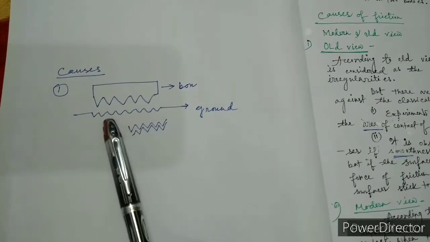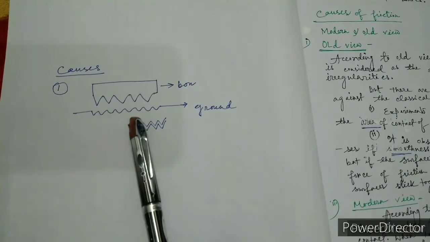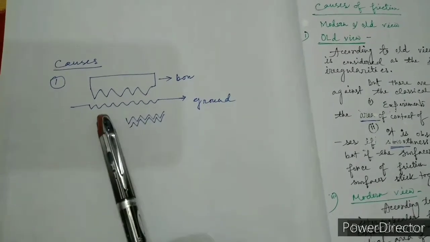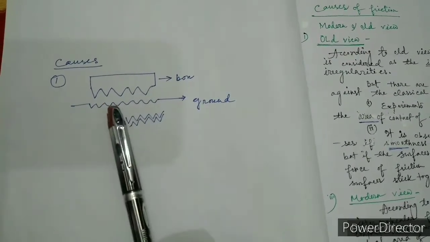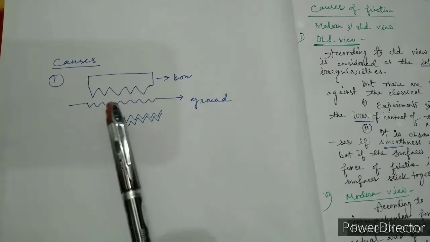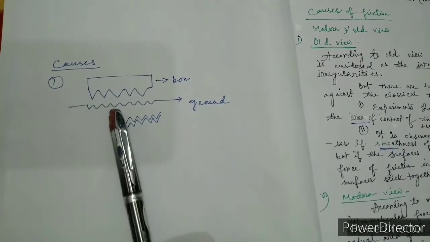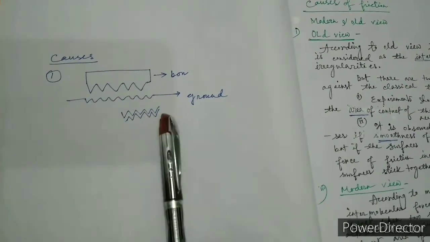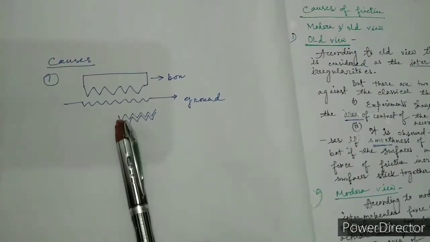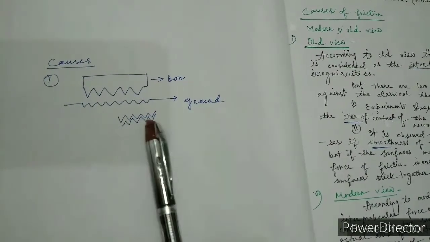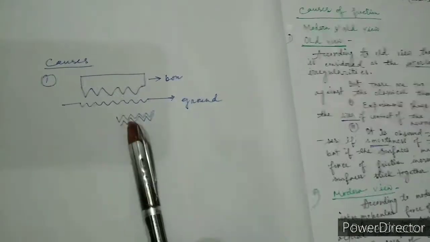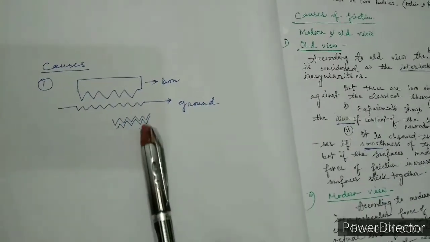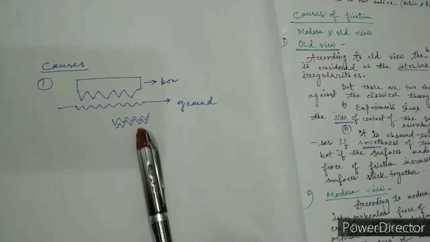There are hills and craters present in these contact surfaces. So when this surface tries to slide over the other surface, these hills and craters interlock with each other, they enter into each other in this way, and that's why they lock and the body cannot move. This is the cause of friction according to the old view.